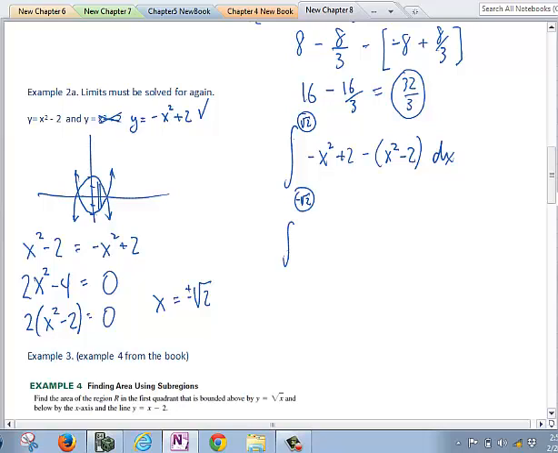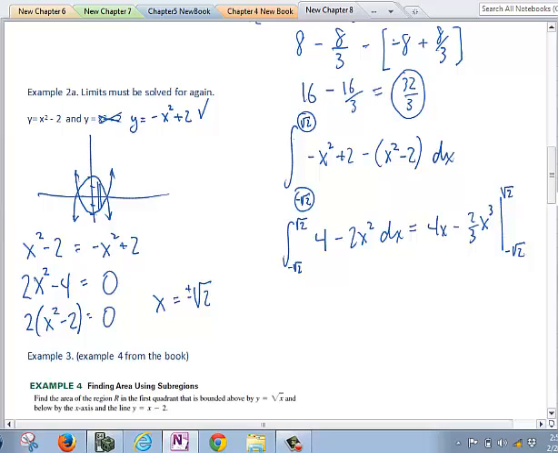Simplify the integral. We have 4 minus 2x squared dx. We integrate, which will be 4x minus 2/3 x cubed, evaluated at the upper limit and the lower limit.